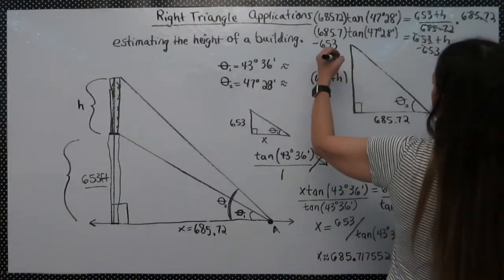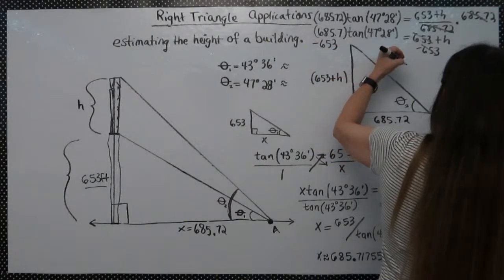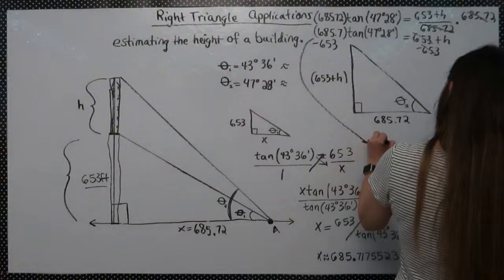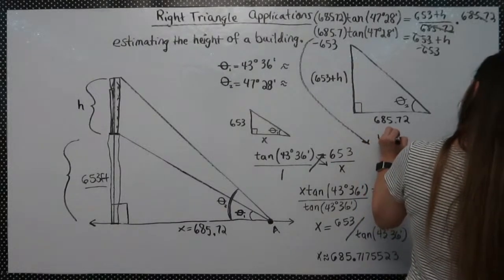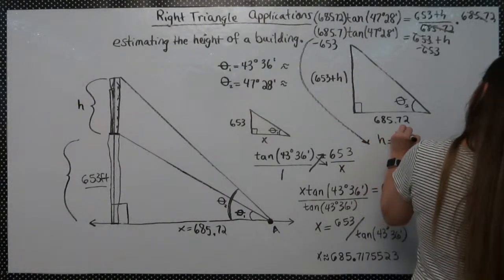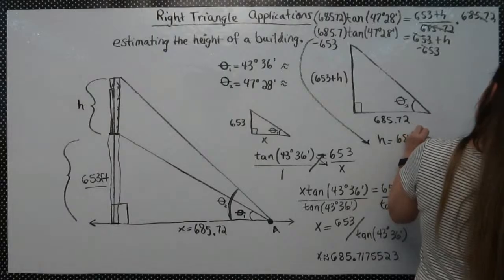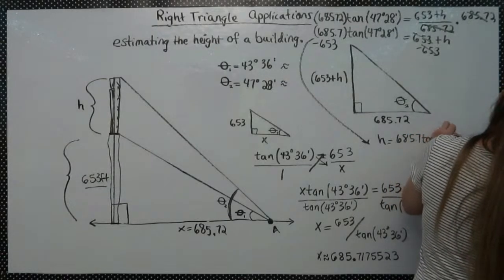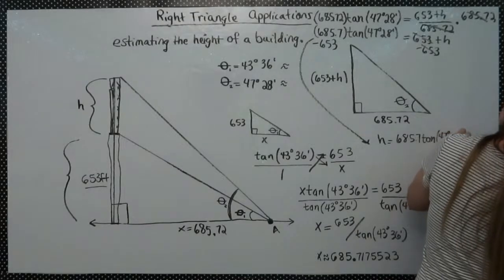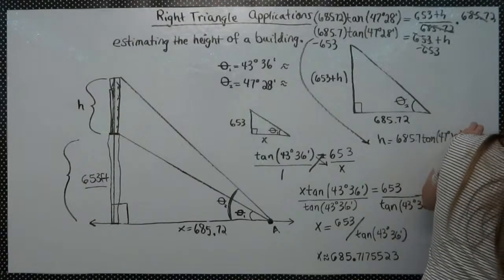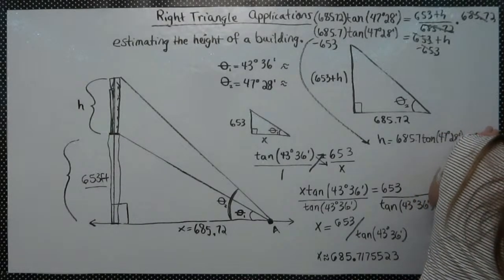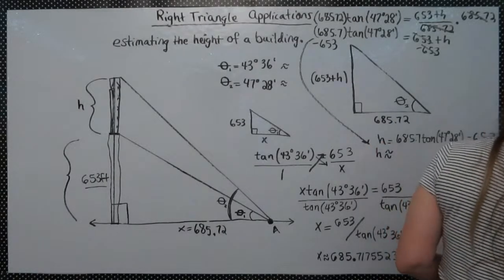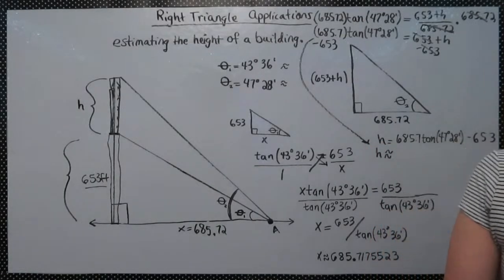So we'll say h equals 685.7 times tangent 47 degrees 28 minutes minus 653. So h equals approximately, and I'm going to plug all that into the calculator.